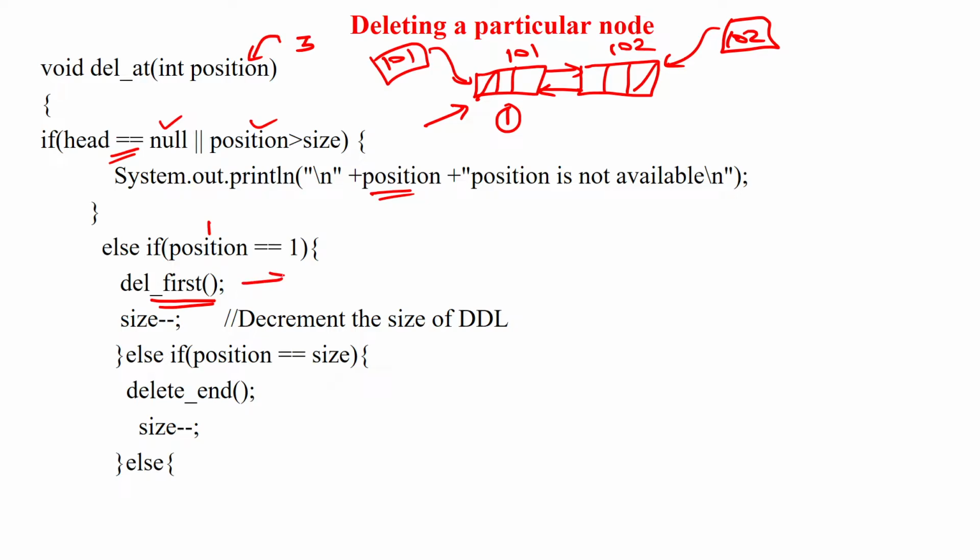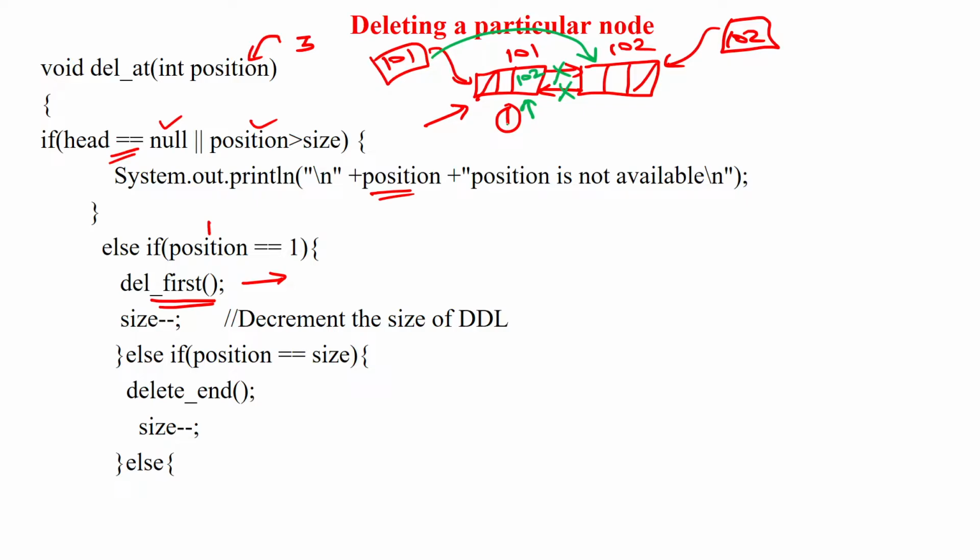Otherwise we can write the code simply: if this is the head, then this link has to be broken, and this link has to be broken. The third is that this link has to be established to the second node. For that, what is head dot next?